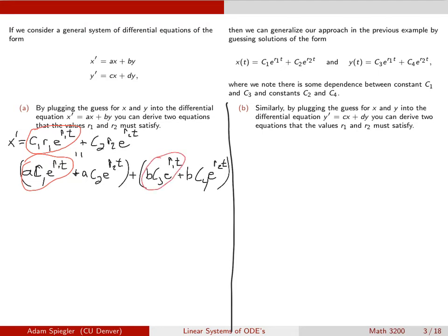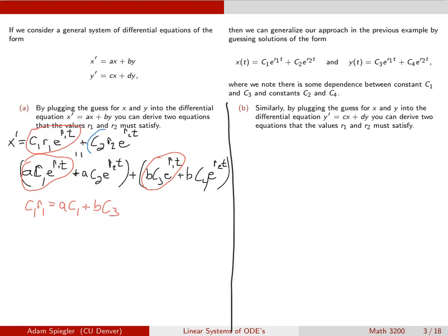And so by matching up the coefficients in front of the e to the r1t, I can see that what I would need is c1 r1 would need to equal a c1 plus b c3.